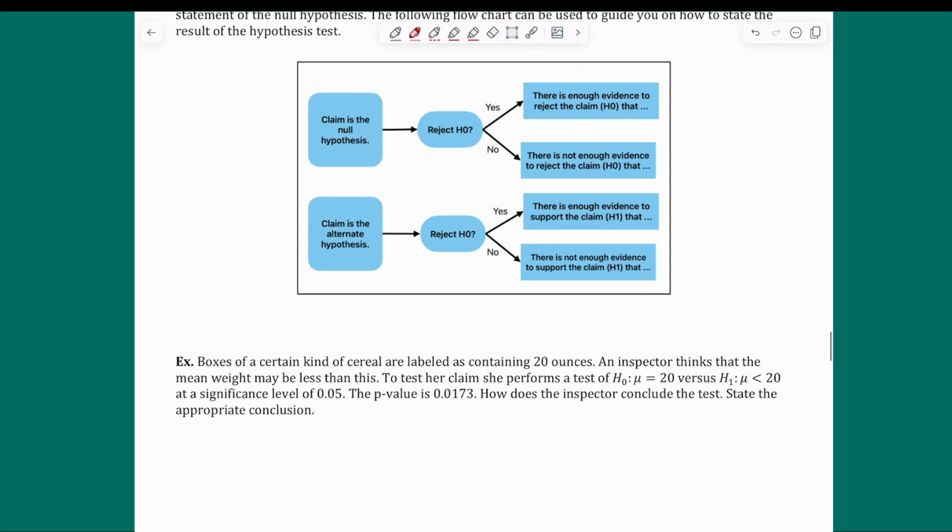State the appropriate conclusion. So once again, we first examine the p-value. The p-value is equal to 0.0173, and this here is less than our significance level alpha of 0.05. Okay, and so what does that mean?